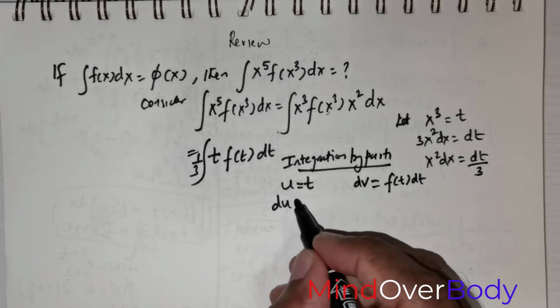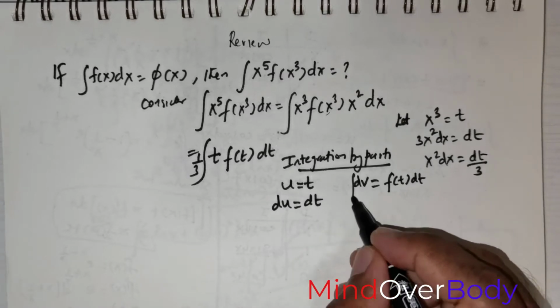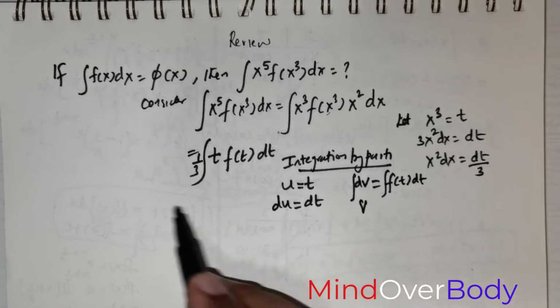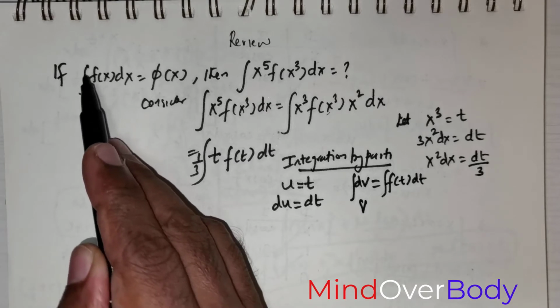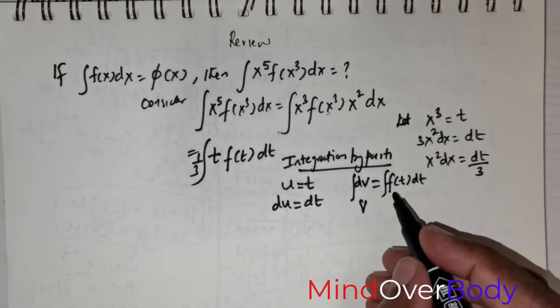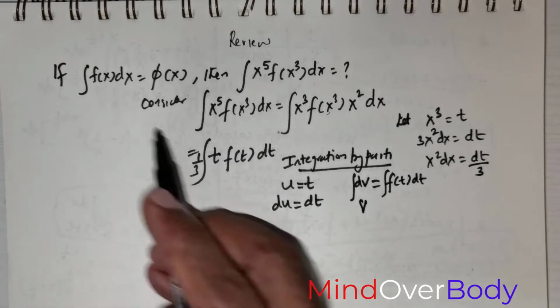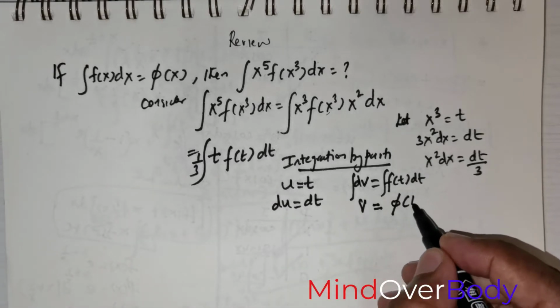So the differential of u gives me du, the differential of t gives me dt, and integrating dv gives me v. Now we have this particular information in the question, which is that the integral of f of x dx is equal to phi of x. This is actually the integral of f of t dt. The only difference is instead of x I've got t, so this is going to be phi of t.